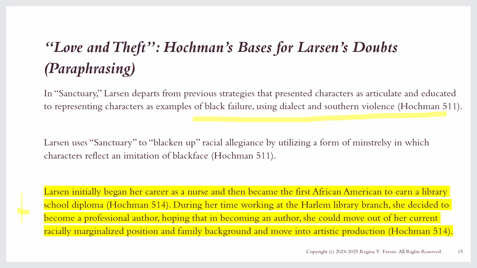And so this is what Hockman is saying about Larsen, that she shifts from the way that she normally presented characters in two of her novels, Quicksand and Passing, to now focusing on something that is completely different for her, especially in terms of the use of dialect.